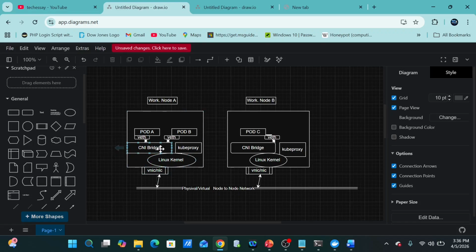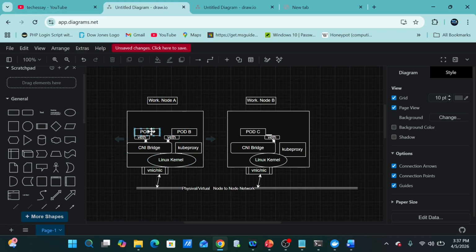Basically this is the CNI bridge, which is inside the Linux kernel namespace. It sends traffic to this virtual veth, and then by using the CNI bridge, that traffic will simply be routed to pod B. It means everything will happen at the CNI bridge level, and this traffic has not gone outside this node A.